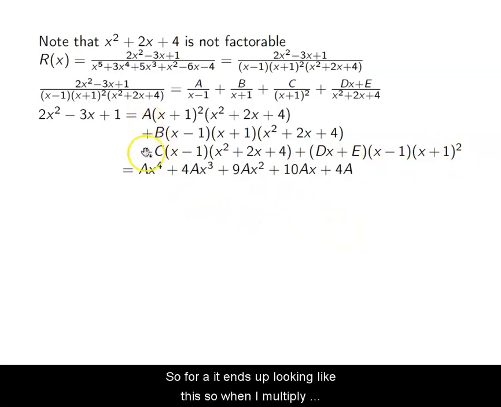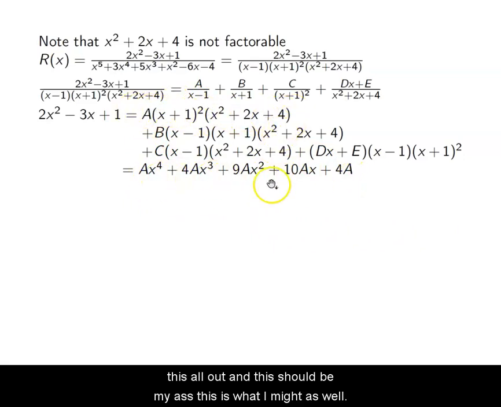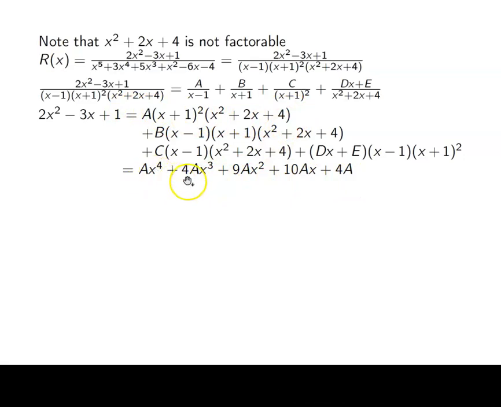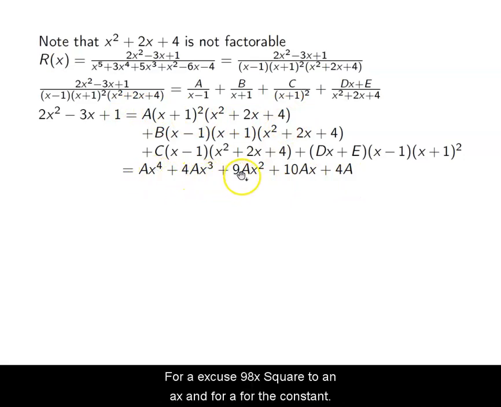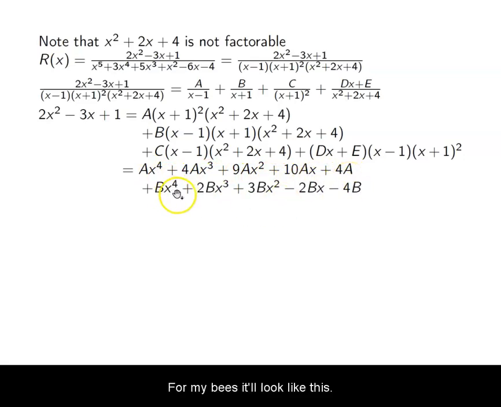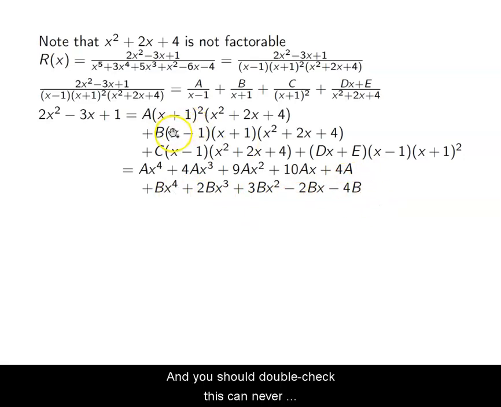So for a, it ends up looking like this. So when I multiply this all out and distribute my a, this is what all my a's look like. I have ax to the 4, 4ax cubed, 9ax squared, 10ax, and 4a for the constants. For my b's, it'll look like this, okay? And you should double check this.